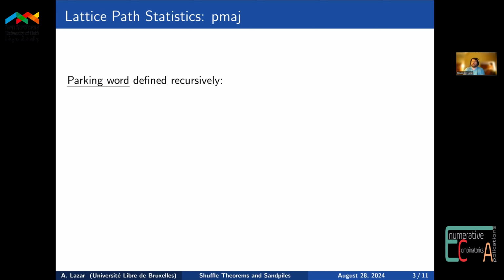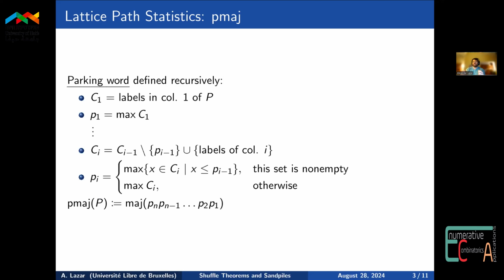And then you define a Ci and a Pi recursively. This gives you a word P1 through Pn. And then pmaj is you reverse this word and take the major index. So this is, in the grand scheme of things, not terrible as statistics go. But it is something that's recursive, and so it's a little hard to wrap your head around, at least in my experience.